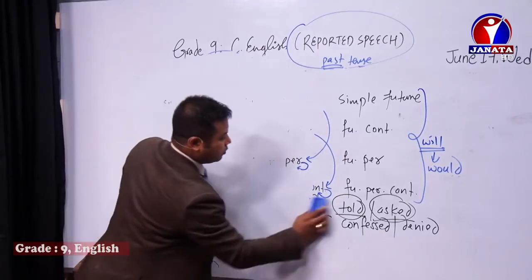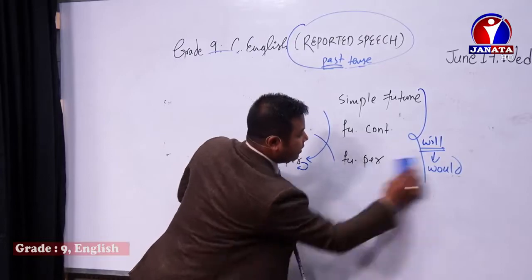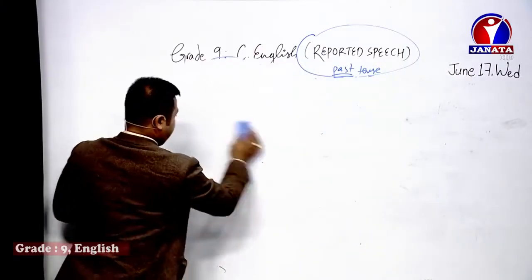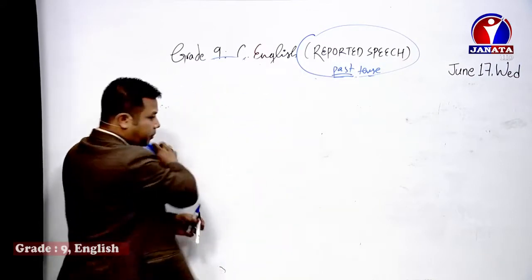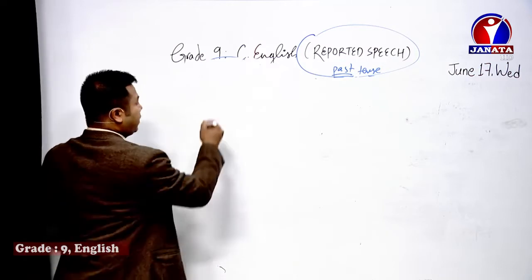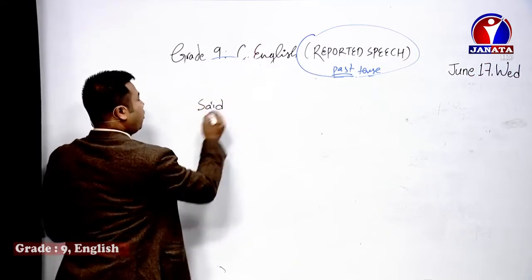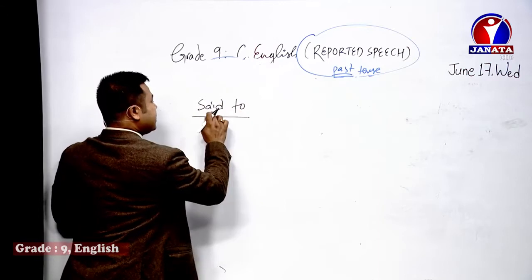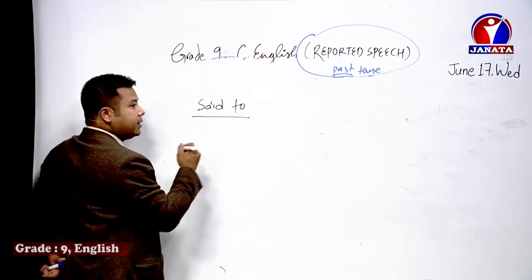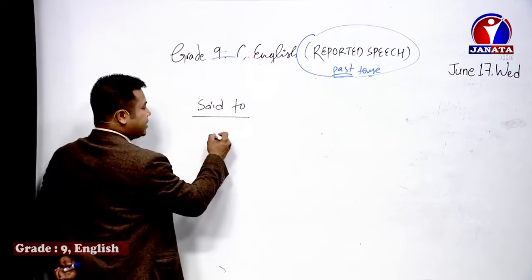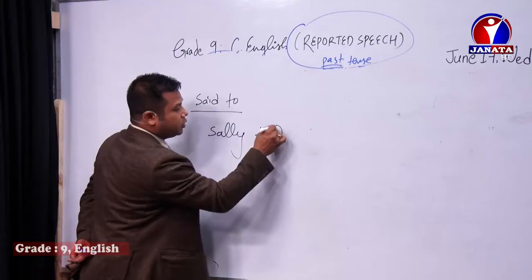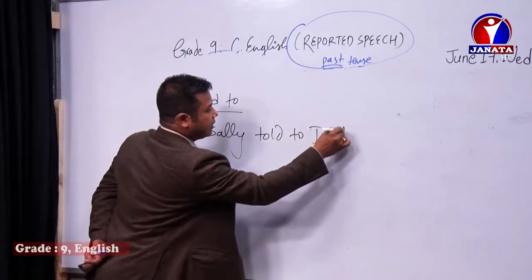Remember, we're doing reported speech for grade 9. I need a space, so I have rubbed the information that I've displayed. I hope you have copied it for the exercises we are going to do together. I was talking about the reporting verb said to. Said, to, and then object. There's a listener. But many students write something like, our example, Sally told to Jack.